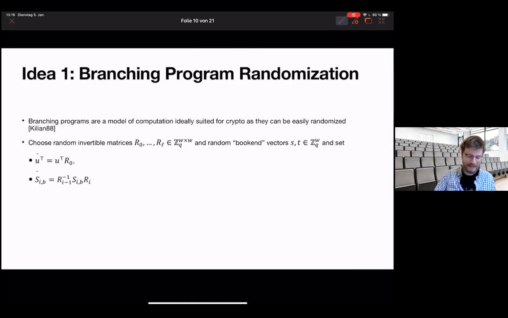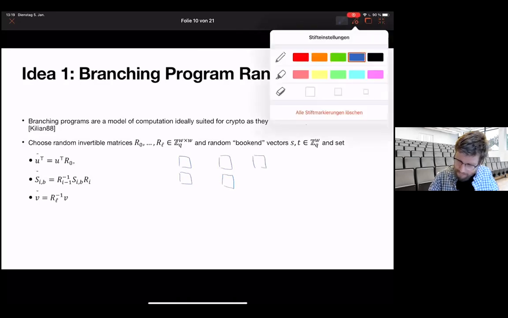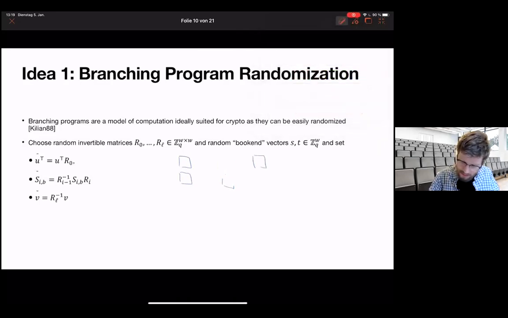Next we set, I'm gonna draw this in a second, so let's say we have our branching program here. Let's make it a little bit bigger. I'm gonna need some space here.